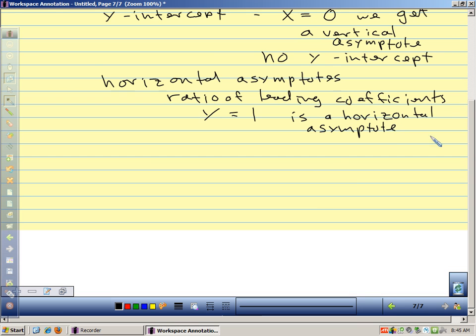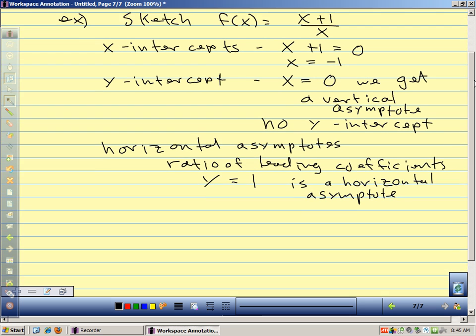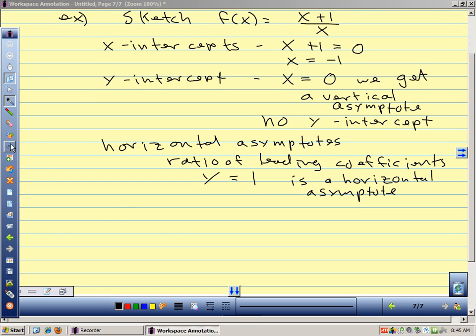So let me go up a little bit here, and here are my axes. I'm going to do my asymptotes in blue. So we have a vertical asymptote at x equals 0, here at the y-axis.